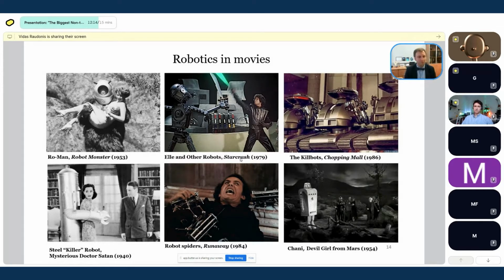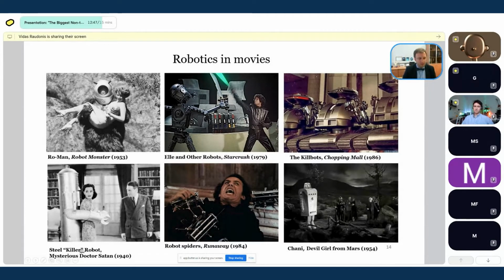For example, the movie Robot Monster is about some kind of robot that comes to the Earth from the moon and starts shooting with its laser eye. It grabs a woman, and several men try to fight this robot.